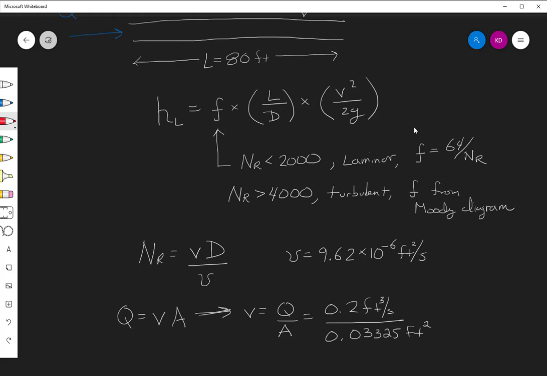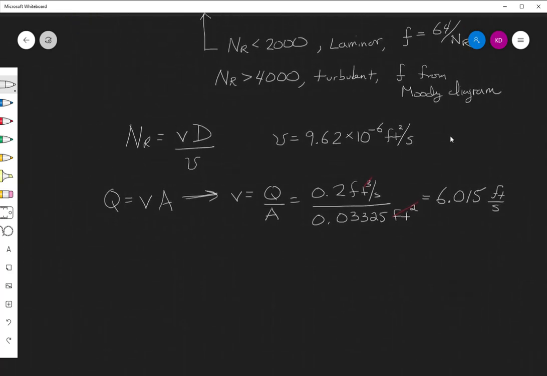And you'll notice that the feet squared cancels with 2 of the 3 feet in the numerator. When one works this out, I find about 6 feet per second, or more precisely, 6.015 feet per second. I don't think you need to keep all those significant digits, but I will do that just to be extra careful. That's the average velocity of the water in the pipe.